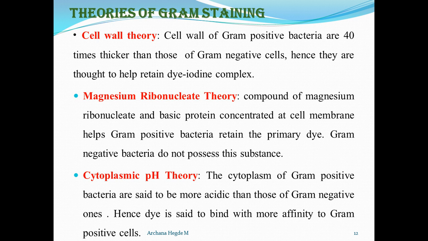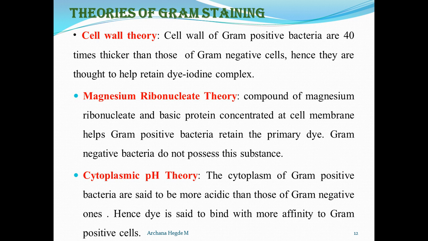Here two types of bacteria are taken, gram-positive and gram-negative. Gram-negative bacteria have a single cell wall, a one-layered cell wall, but gram-positive bacteria may have 3, 4, 5, 6 or many more cell wall layers. So it is multi-layered, whereas gram-negative is single layered.